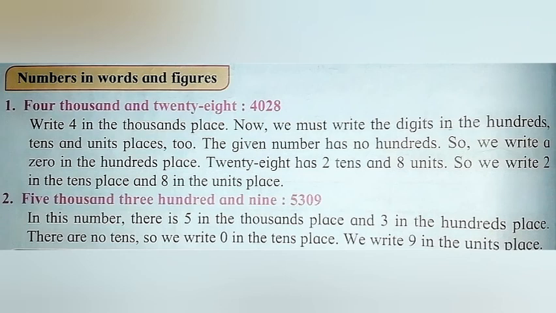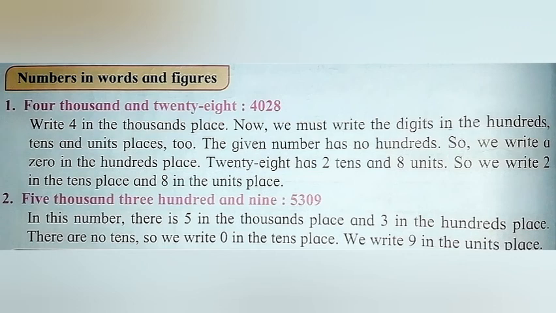The given number has no hundreds, so we write a 0 in the hundreds place. 28 has 2 tens and 8 units, so we write 2 in the tens place and 8 in the units place. Here we are learning how to convert words into figures.